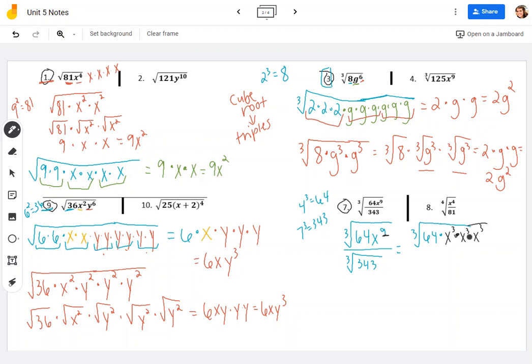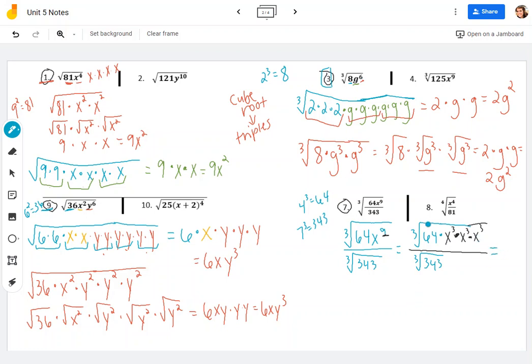Because if I combine those back, that equals x to the 9th power. But seeing it as x cubed helps me because the cube root of x cubed is just x. And then on the bottom, we know 343 is a perfect cube, so I can just write it like that.